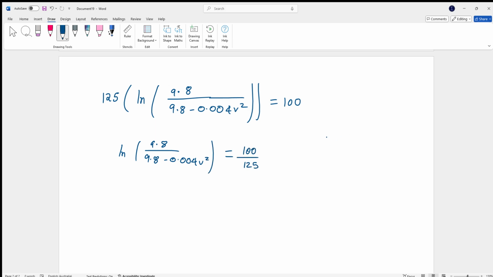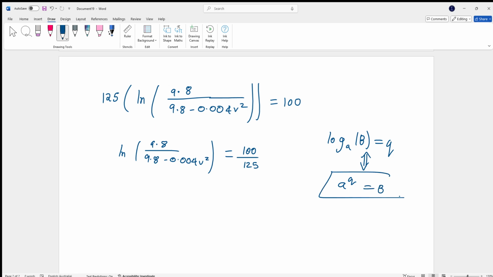You would then use this expression here: log base a of b equaling q. You can rewrite this both ways as a to the power of q equals b.